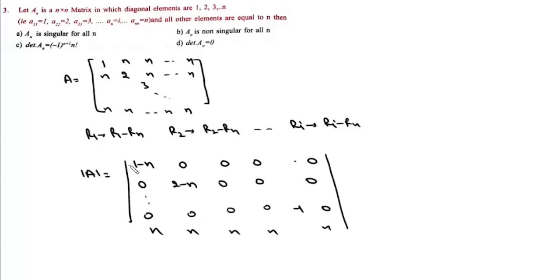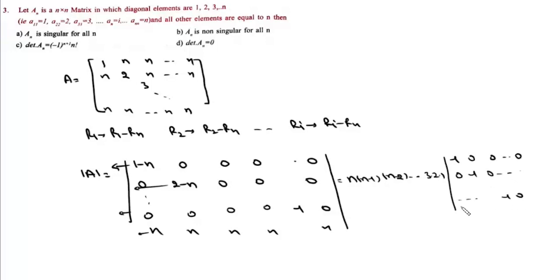Now from this first row we'll take n minus 1 common, from the second row we'll take n minus 2 common, here we'll take 1 common, and here we'll take n common, so we'll get n, n minus 1, n minus 2 up to 3, 2 and 1, and then we'll be left with this determinant which is minus 1, 0, 0, 0, 0, minus 1, 0, 0, 0, and then minus 1, 0, and finally we have this 1, 1, 1 and 1.